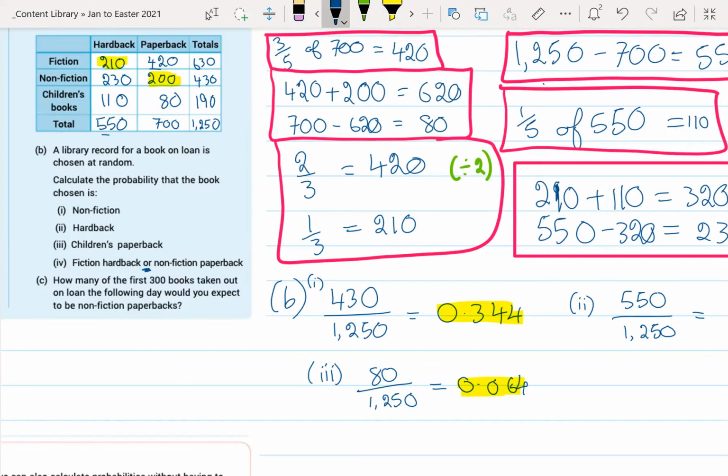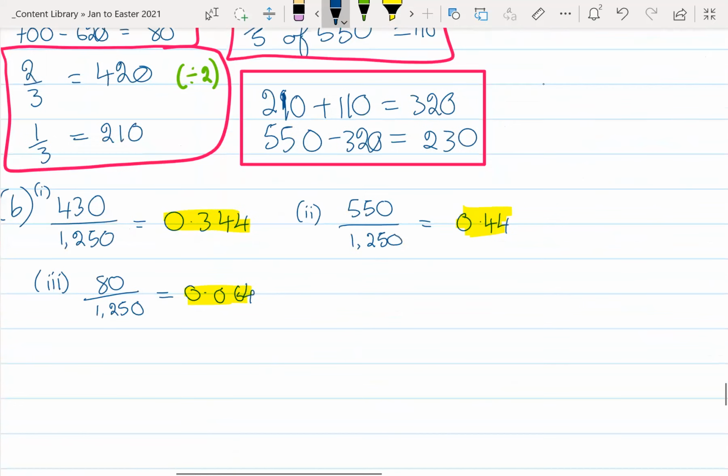So we'll add the two together. 210 plus 200. And it's going to be over the total amount. So we get 410 on top.